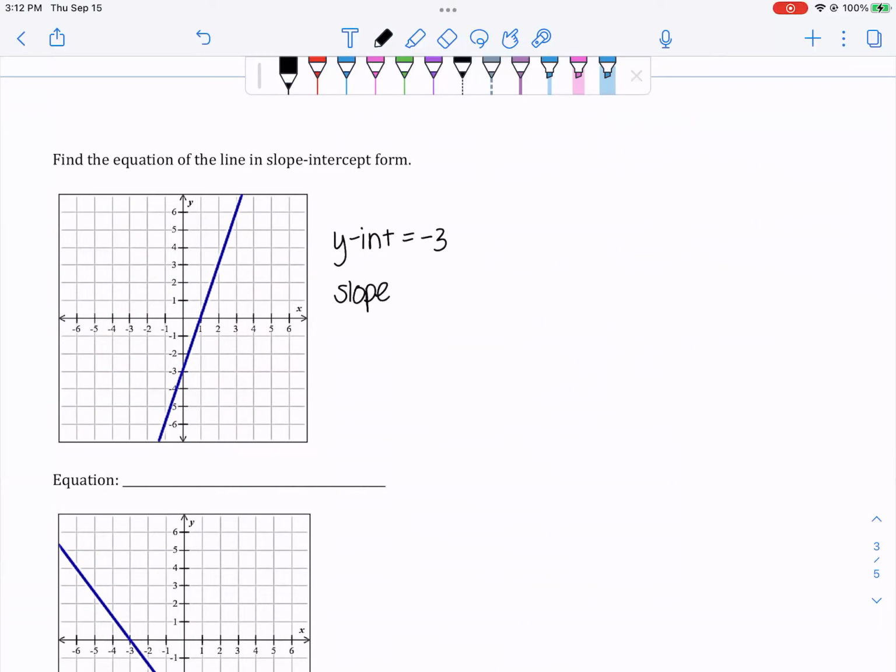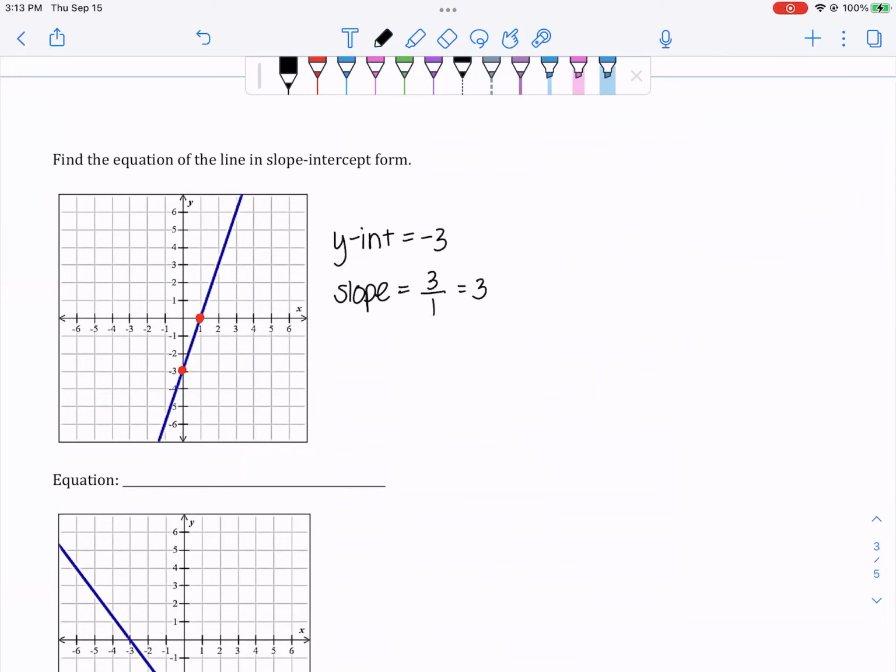For the slope, we need to get 2 points on the line. So we have a good point right there. I see another point over here that falls nicely on the grid. I'm starting with my left point and I'm going up 3, right 1, right? Up 3, right 1, rise over run.